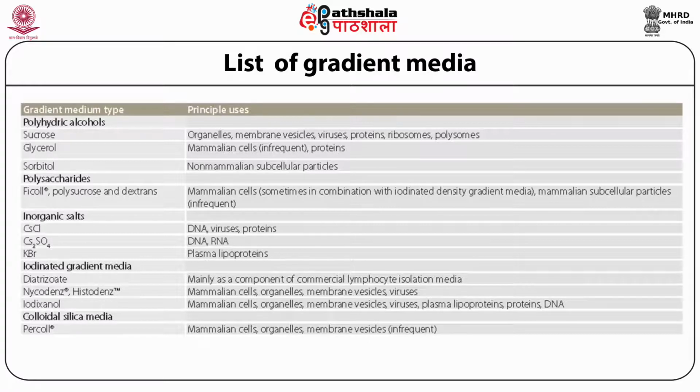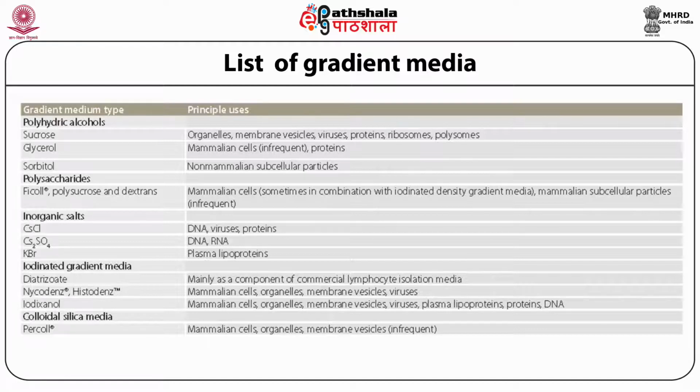The inorganic salts are also widely used for the preparation of the density gradient medium, like cesium chloride, used for the separation of DNA, viruses, proteins. Cesium sulfate is used for the separation of DNA, RNA. Potassium bromide is used for the separation of plasma lipoproteins. Then the iodinated gradient media are also used, like diatrizoate, the main component of commercial lymphocyte isolation media.